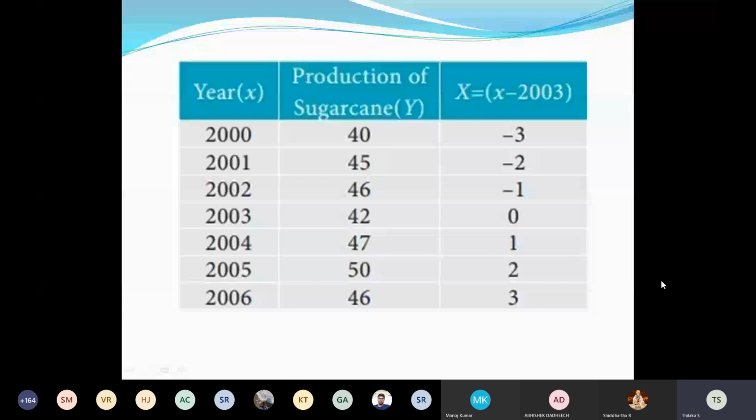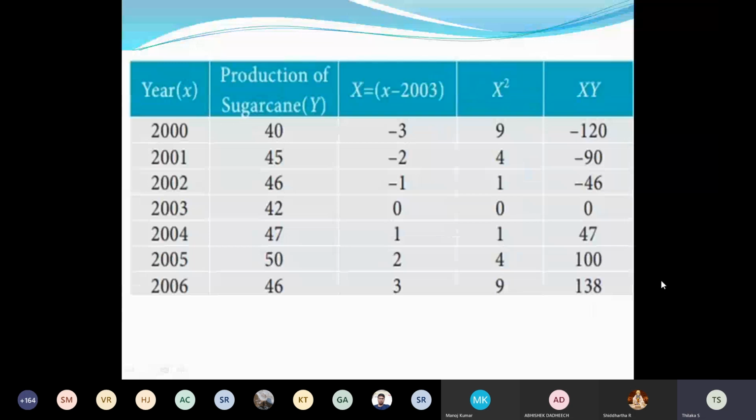And the next one is, from this we have to calculate the capital X square. Small x refers to the years which were given, and capital X is the time period in the formula y is equal to a plus bx. That x is the capital X, which refers to the time period. We already assigned some values for the time period for the given years, so we have to calculate the squares of those time period values.